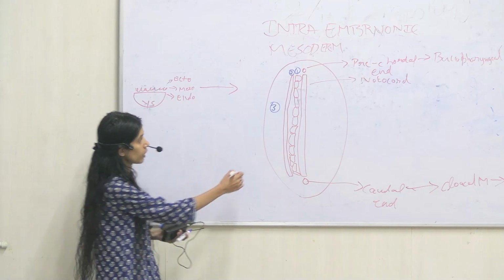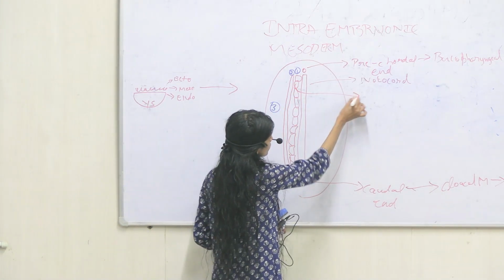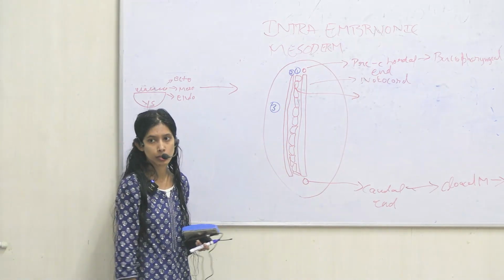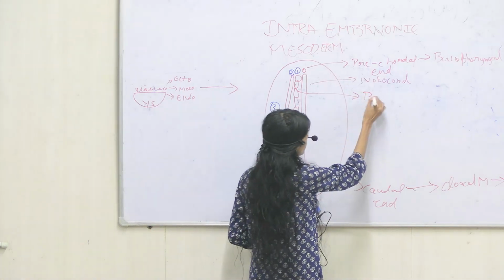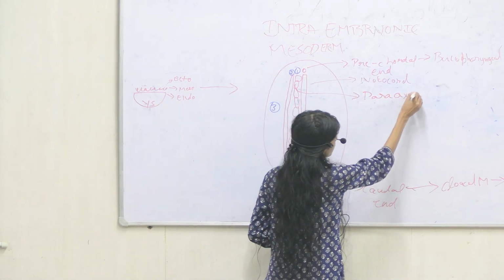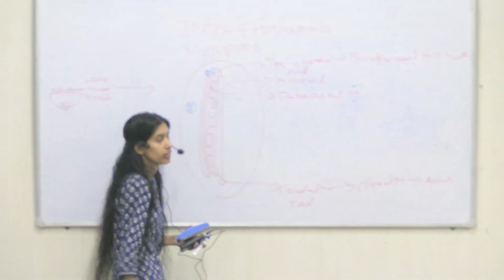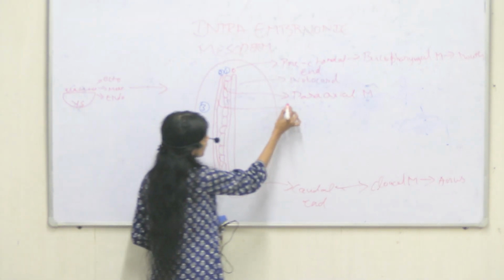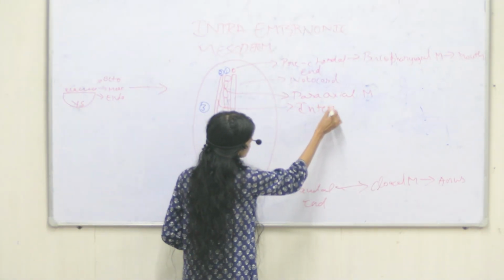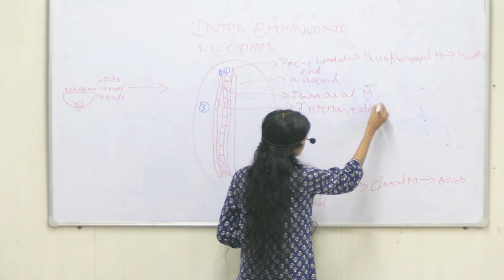So the very first part is called the paraxial mesoderm. The second part is called the intermediate mesoderm.